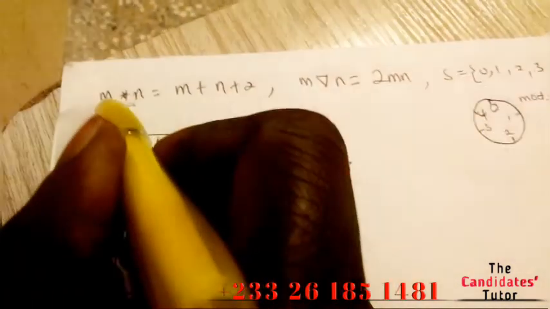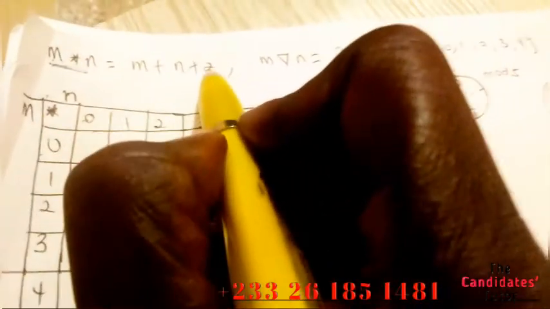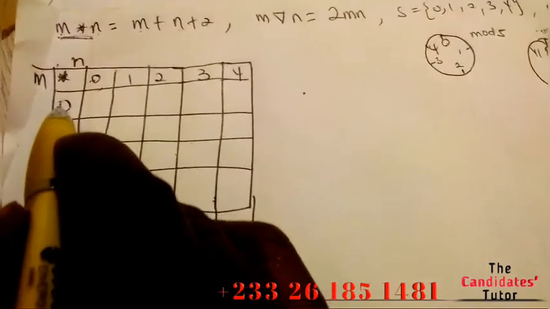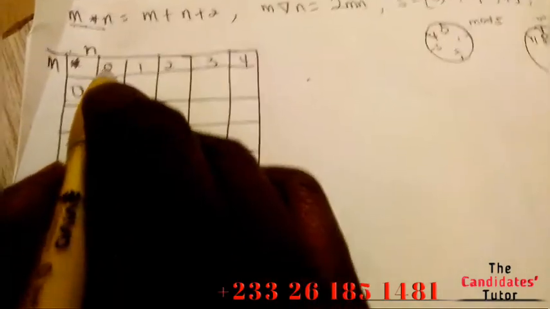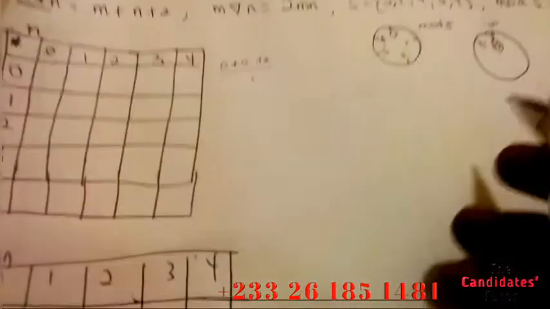We say that if we have m star n, then we are going to have m plus n plus 2. That's the definition. So if we take m to be 0 and n to be 0, then we are going to have 0 plus 0 plus 2, and if we add all this, we get 2.